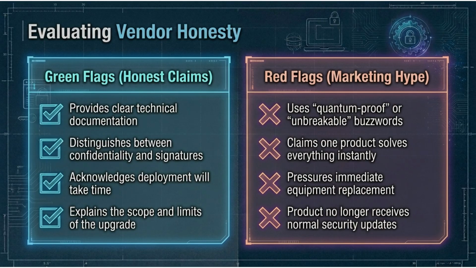On the other hand, warning signs of marketing hype include the use of sensational buzzwords like quantum proof or unbreakable without technical details. You should also watch out for claims that a single product can instantly secure your entire infrastructure, pressure to replace functioning equipment immediately, or products that no longer receive normal security updates.